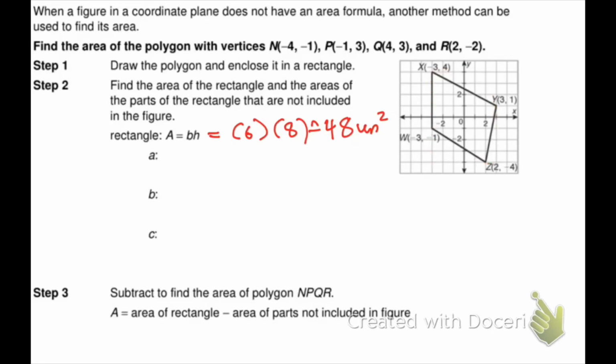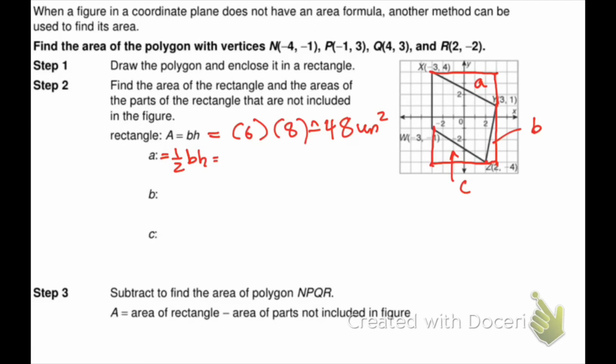Let me make this a little bit better. So there's a triangle, there's a triangle, there's a triangle. So let's call this one A, B, and C. To calculate the area of that triangle, we have 1/2 base times height.